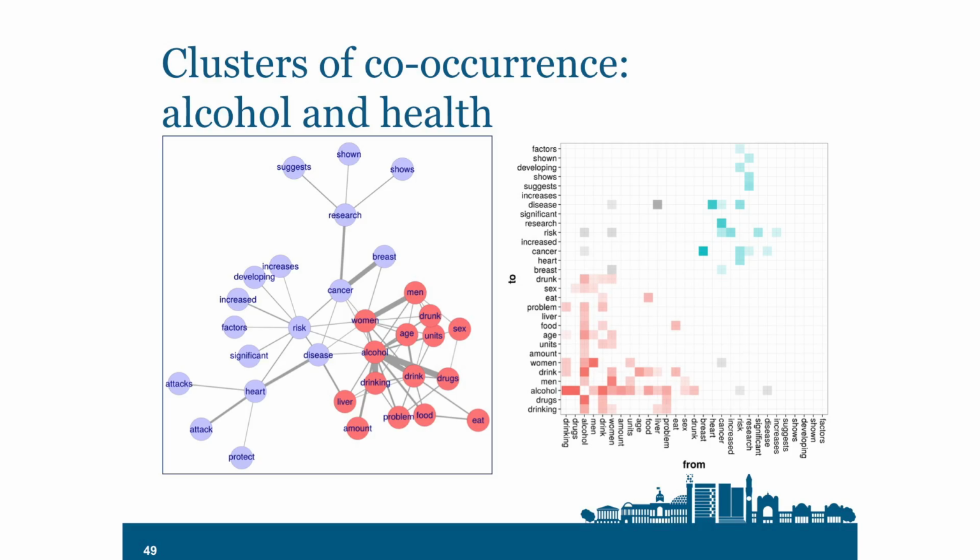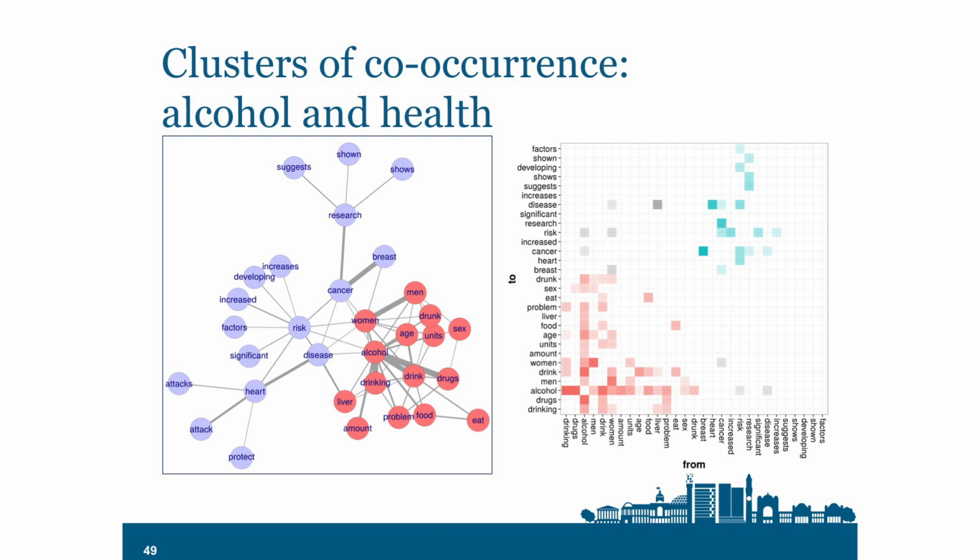So we're trying to get a handle on, is there some kind of relationship between the way in which alcohol is being talked about and what people see in terms of alcohol and the health implications. So this is just to show you, now I'm doing exactly the thing that I was criticizing at the beginning.